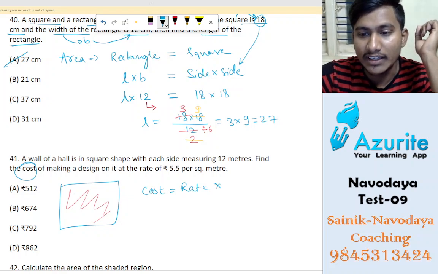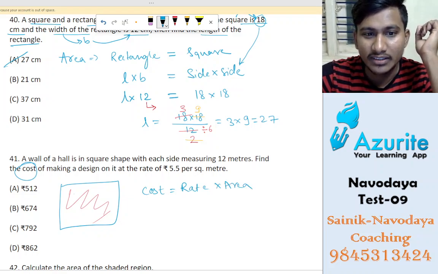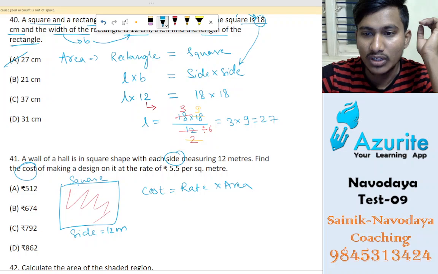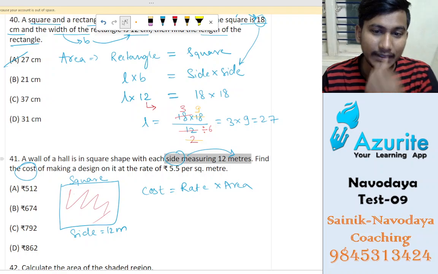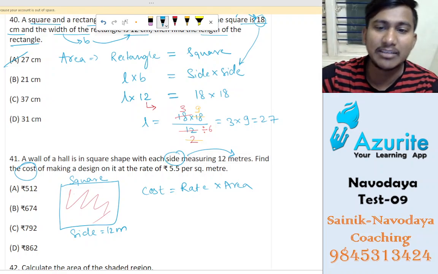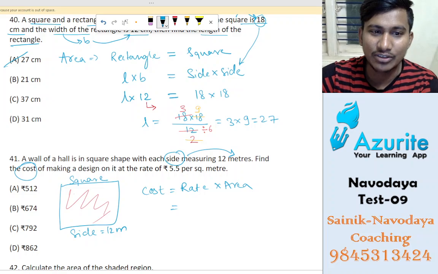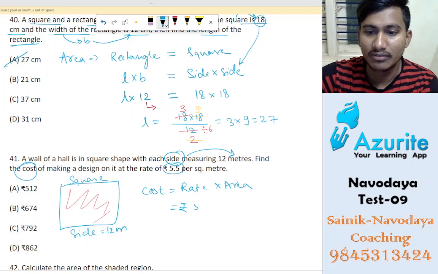This is the square, right? So side is how much? Side is 12 meter. Then we have to find the area and multiply. The rate is given as 5.5 rupees. Rupees 5.5 into area, which is side into side.